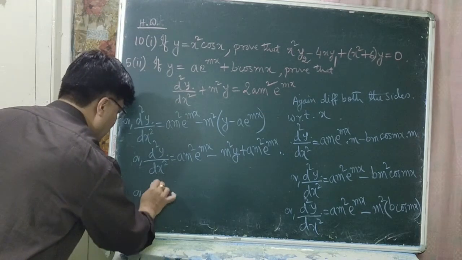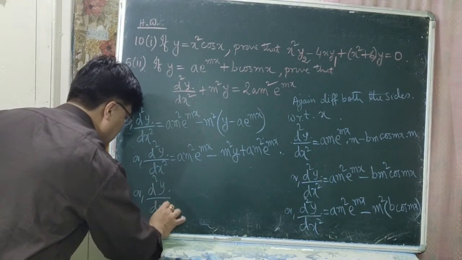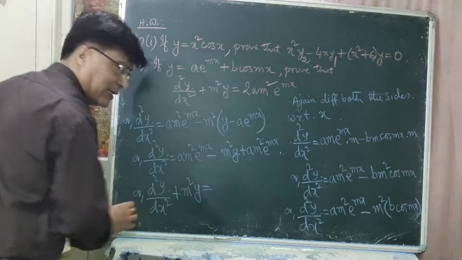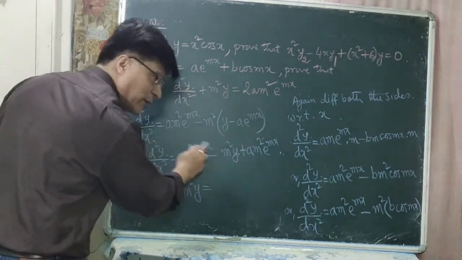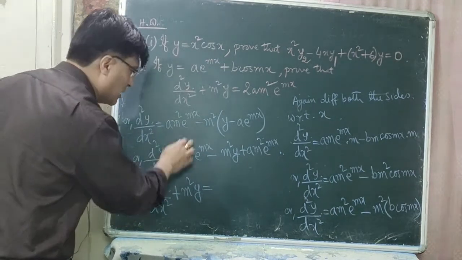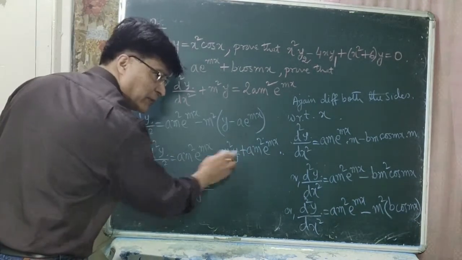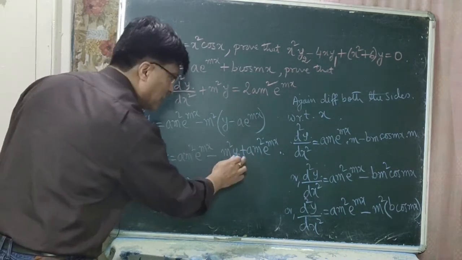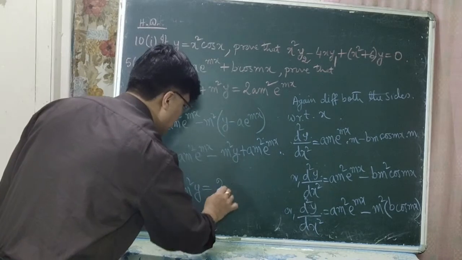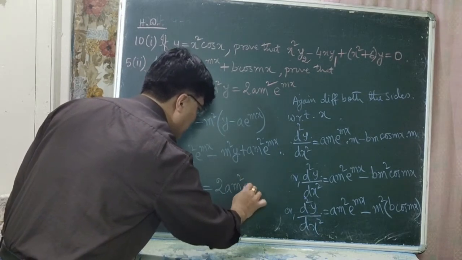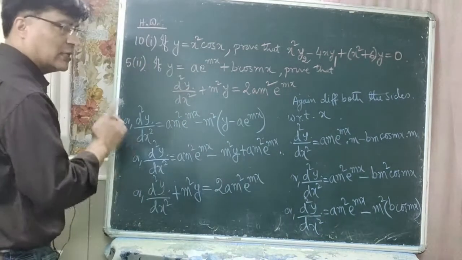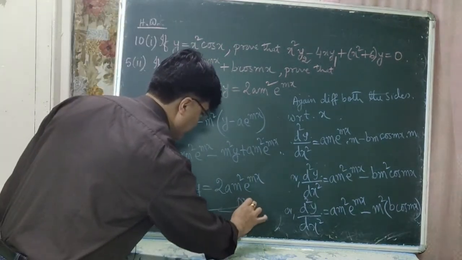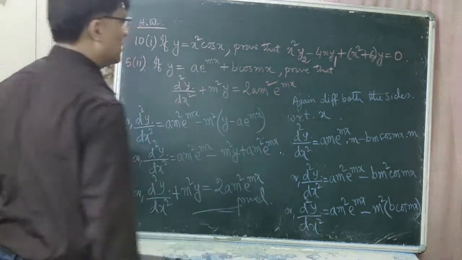So d2y by dx square plus m square y is equal to, this minus m square y taken to the left hand side becomes plus, and these are the same expression with the same sign, so you can add them: am square e to the power mx plus am square e to the power mx. How much is it? 2am square e to the power mx. Is that proved? Yes, it is proved. I think you have understood it.